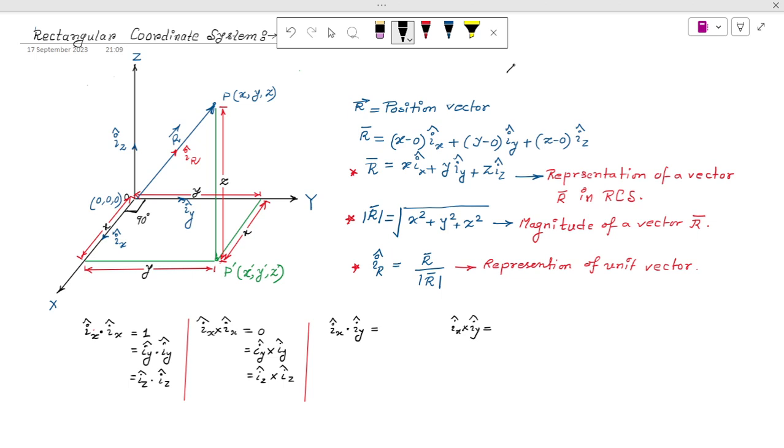So the angular displacement among the unit vectors are 90 degree displaced with each other.